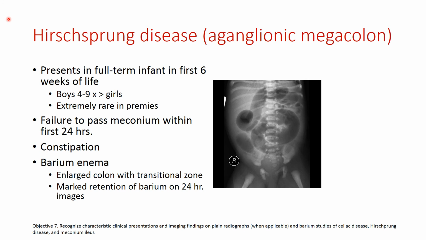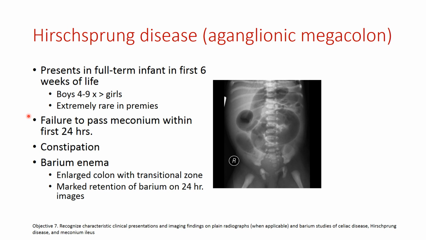And for some reason, this is really rare in premature infants. I have no idea why, because usually preemies have a worse time with everything, but this is rarely seen in premature infants.